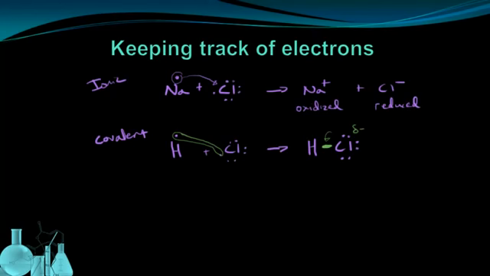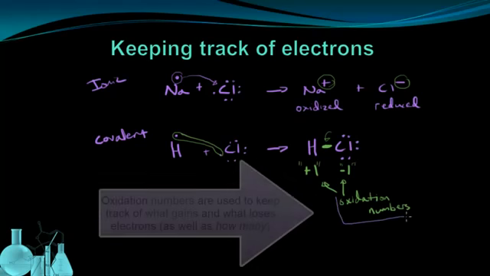Instead of using these partial positive and partial negatives, we're going to say that the chlorine is a -1 and the hydrogen is a +1, indicating that the chlorine has kind of gained an electron and the hydrogen has kind of lost an electron. Now these are not charges. The atoms don't actually get an official charge the same way they do in the ionic cases. But these do show us how the electrons move from one atom to another. And these are both called oxidation numbers.